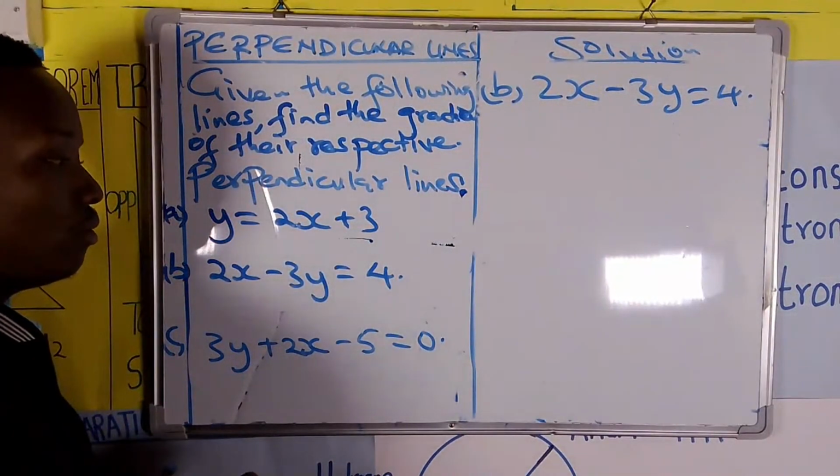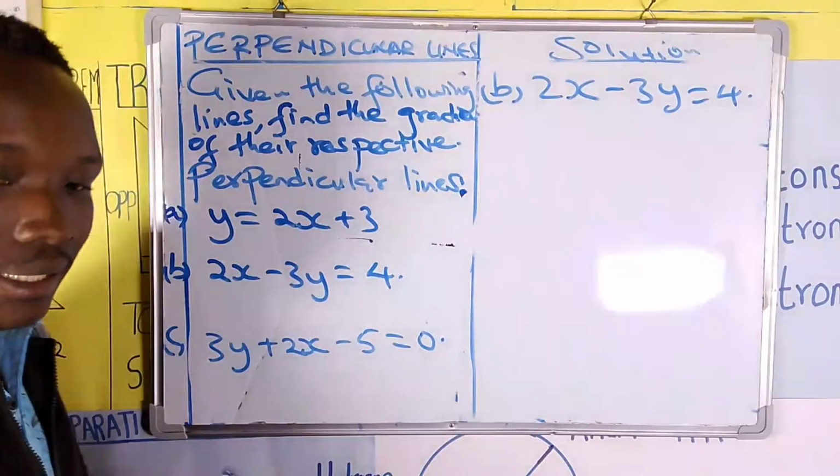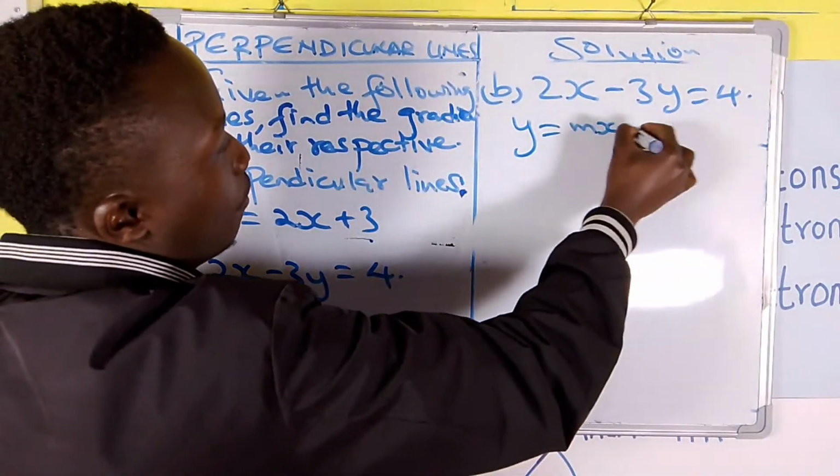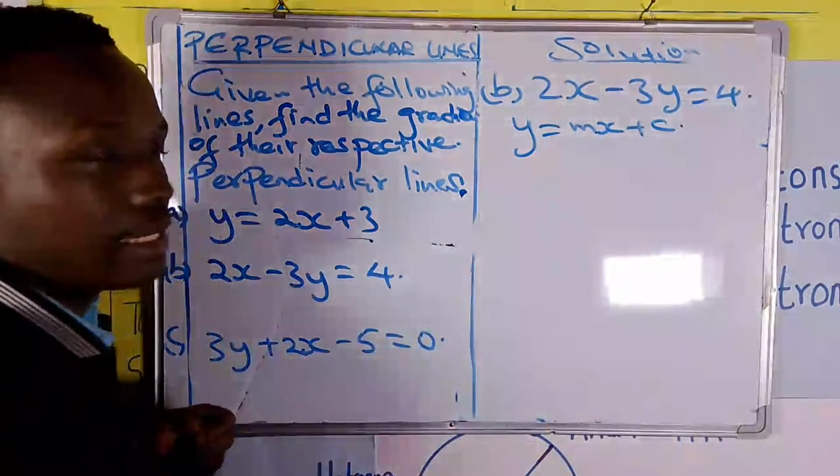And for us to determine the gradient of that line, we need to first write our equation in the form of y equals mx plus c.